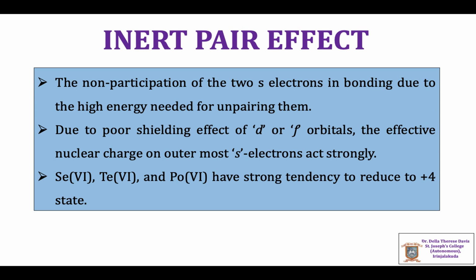Because of the inert pair effect, selenium, tellurium and polonium have a strong tendency to exist in +4 oxidation state rather than +6. Thus, selenium(VI), tellurium(VI) and polonium(VI) are strong oxidizing agents, so that they get reduced themselves to +4 oxidation state.